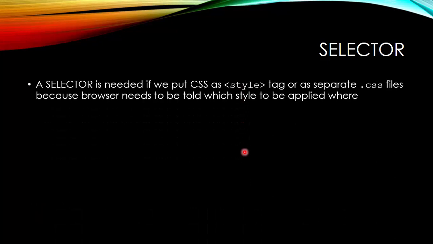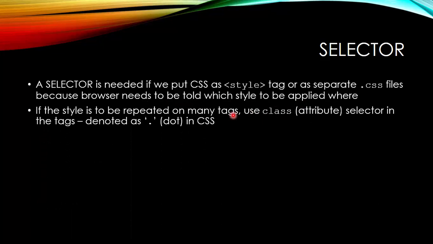Because we have external and internal linking of CSS to HTML tags, we need a kind of selector. We need to link which style belongs to which tag. So we need a selector if we put CSS as style tag or separate .css file, because browsers need to be told which style to be applied where. If the style is to be repeated on many tags, we use class selector in the tag, and in CSS it is denoted by a dot.